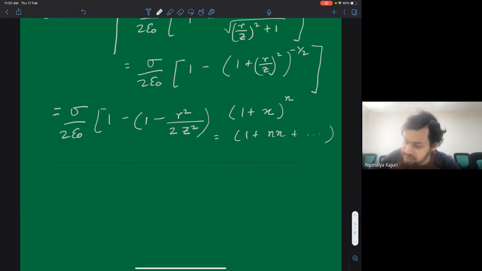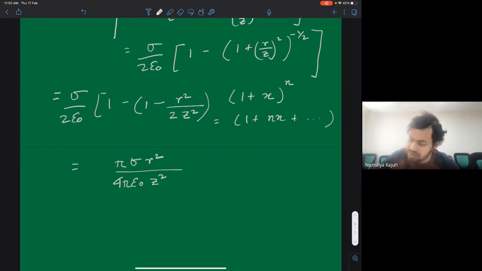So the 1 cancels, and we are left with sigma R square by 4 epsilon naught z square. Multiplying pi on both sides, we have pi R square sigma over 4 pi epsilon naught. This whole thing, pi R square is the area of the circle, sigma is the charge density, charge per unit area.